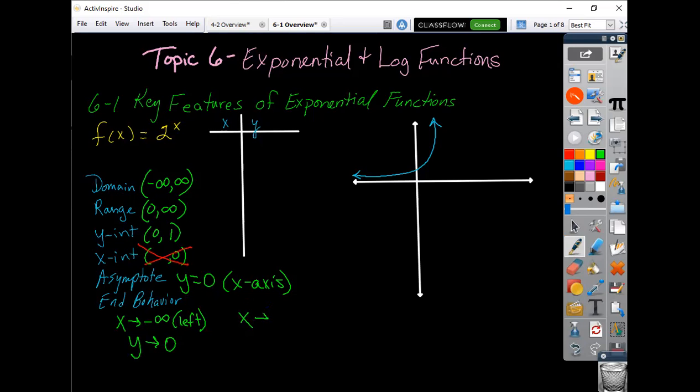And as x goes out to the right to a positive infinity, the y is going up forever to a positive infinity. So you could fill some more numbers in here if you want, but that would be your basic characteristics of a 2 to the x basic exponential function.